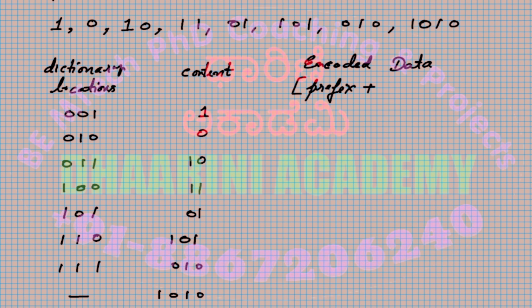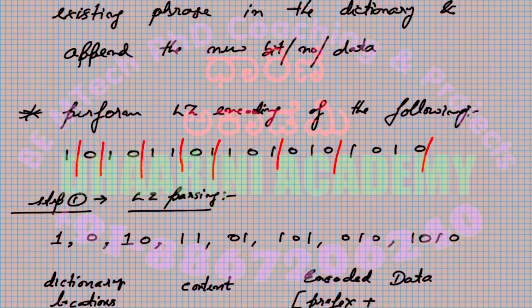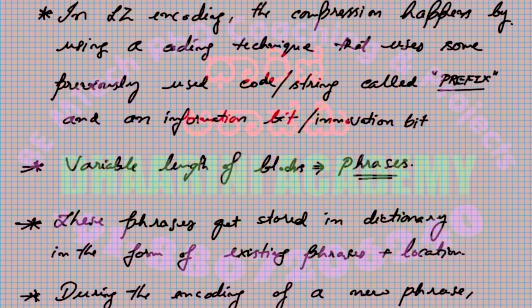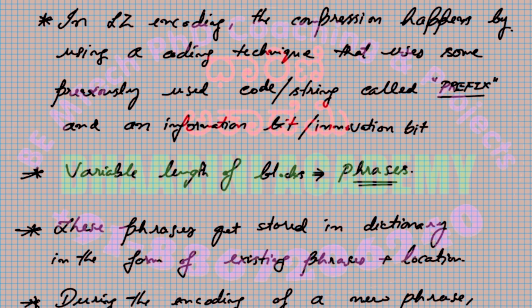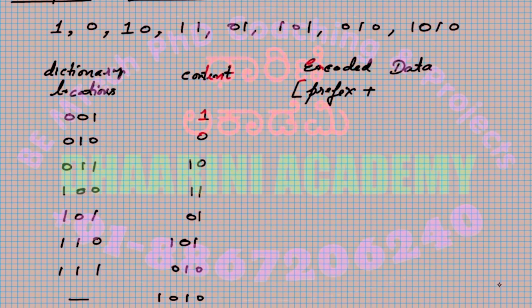Prefix plus, just now I used the term innovation bit, correct. Otherwise it's simply an information bit or an innovation bit. Okay, I can write info, some information you want to pass, whatever name they call, let them call, no issue. Okay, it's the message plus a prefix.